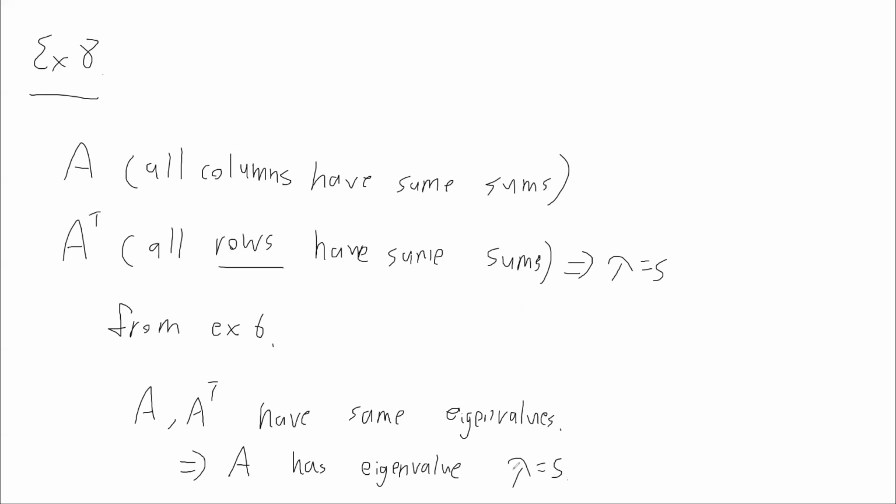All we're doing is using the result from example 6 and example 7. Example 6 tells us that the eigenvalues are the same between a matrix and its transpose. Example 7 tells us that if every row has the same sum, then that sum is an eigenvalue. Combining these two results, we can prove example 8 real fast.